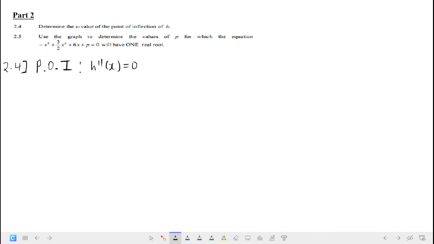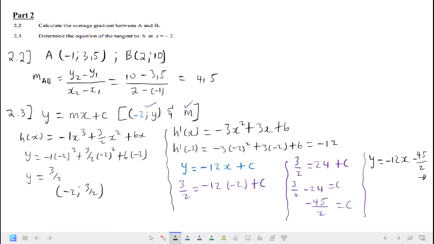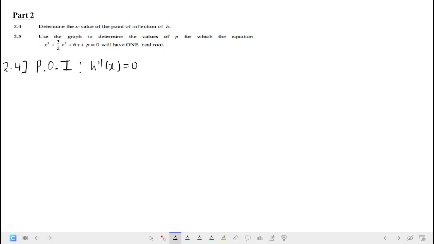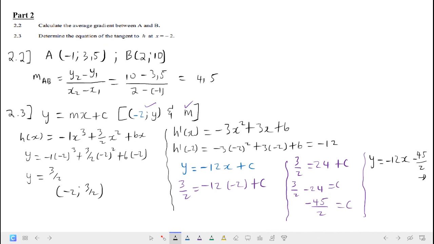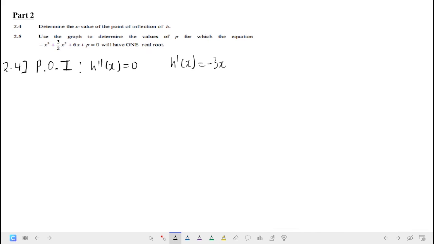So now the first thing that we need to do, if you remember in the previous question, we had our first derivative already. So let's take the first derivative, h prime of x equals minus 3x squared plus 3x plus 6, right?